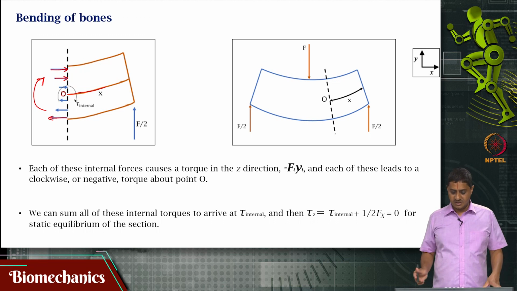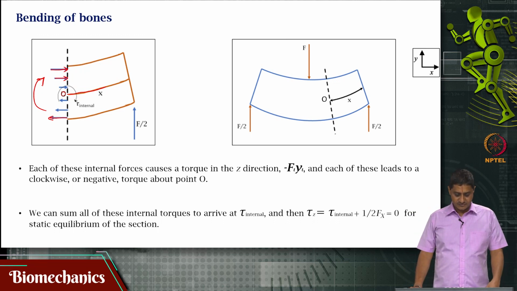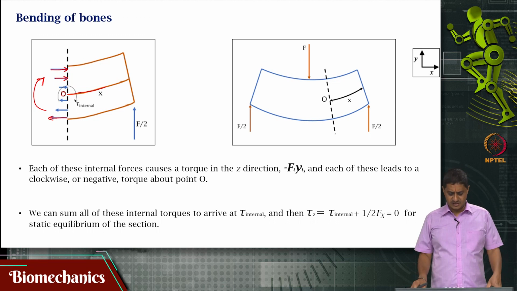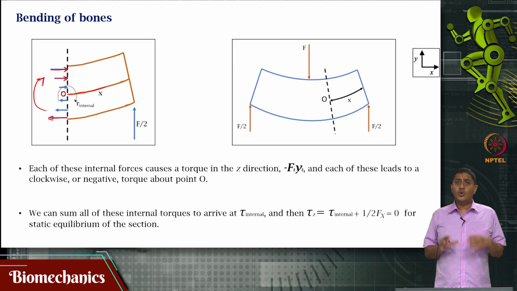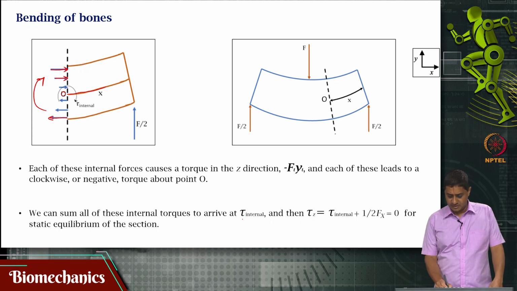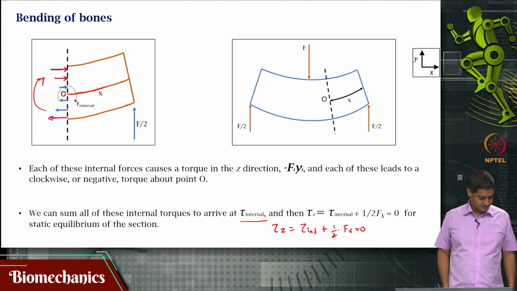Both cause a clockwise moment, or negative torque. I can sum all these internal torques to arrive at some total internal torque, which I am going to call tau int. Then the total torque tau z is tau int plus L by 2 times f x equal to 0.